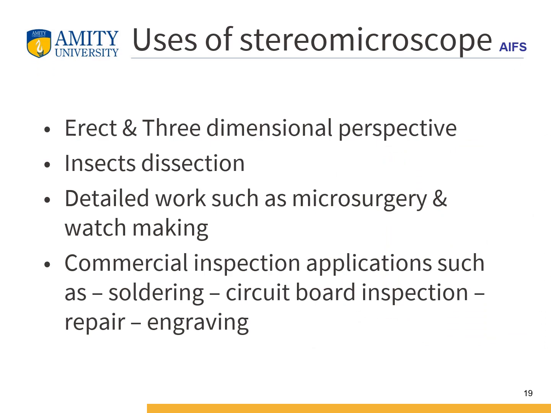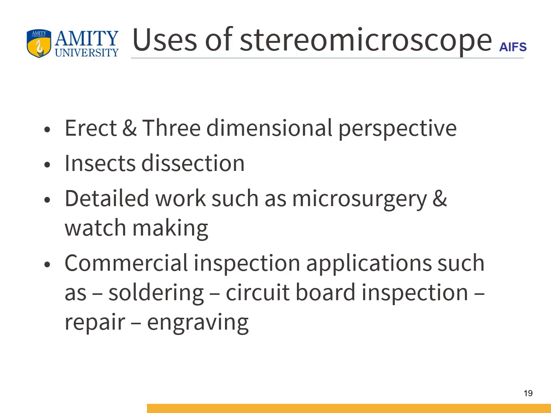Next are the uses of the stereo microscope. An erect, three-dimensional image can be seen, and dissection can be done. Detailed work such as microsurgeries and watchmaking can be done. Tool mark examinations can be done.